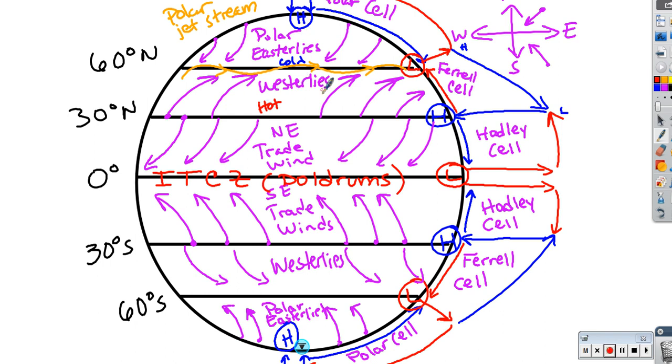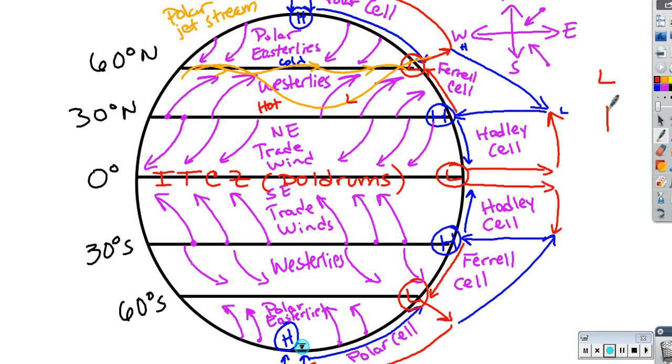And so you'll get situations where you have big dips in the polar jet, and a low pressure zone will form along that somewhere, and around the low pressure, air is converging, right?